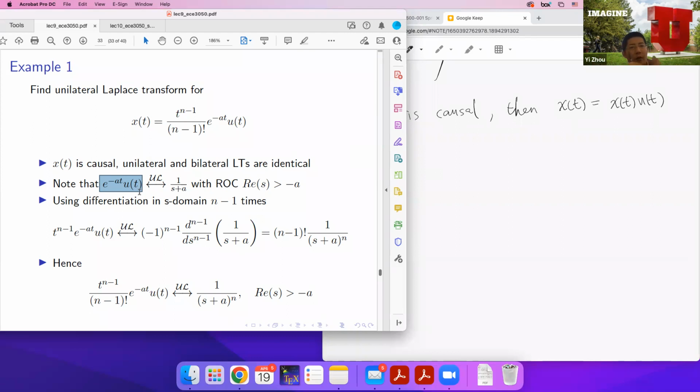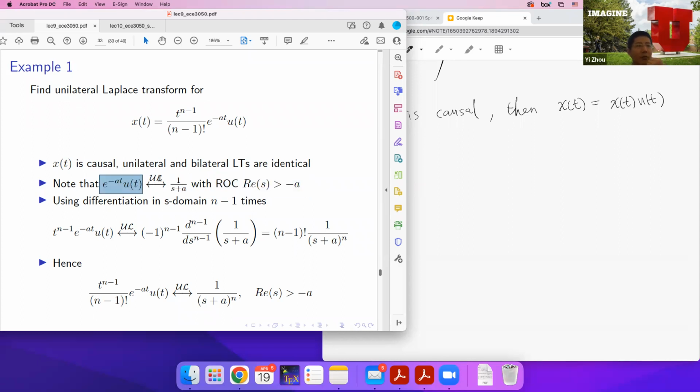From the table that we discussed at the very beginning of this lecture, we know that this signal has such a Laplace transform with such an ROC.